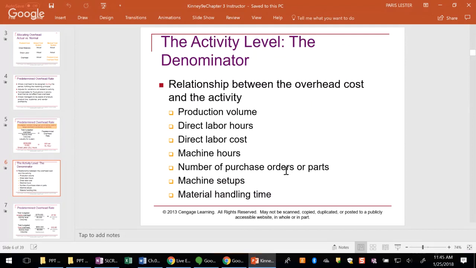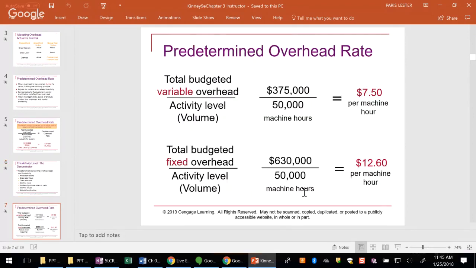A denominator is on the bottom of a division problem. Here are machine hours. This is for variable, 750. And this is for fixed, 1260 per machine hour, based on 50,000 units. Now remember, this is not going to change. 630 will never change.